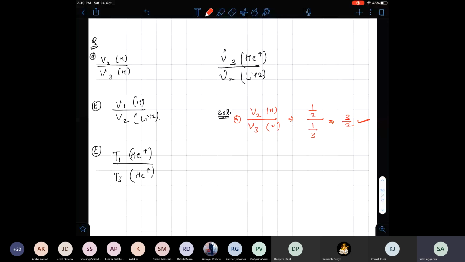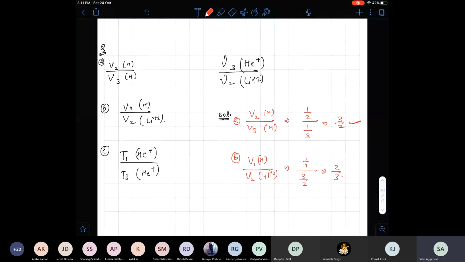Now B: velocity first orbit hydrogen divided by second orbit lithium. Z by N, Z by N. That will be 2 by 3. B will come out as 2 by 3, right? Why would it be 1 by 3?